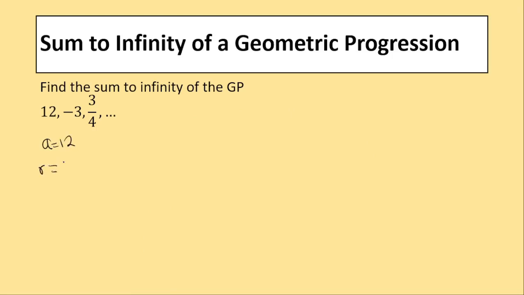The common ratio, we get the second term over the first term. This simplifies to negative 1 over 4. So the absolute value of r is 1 over 4.